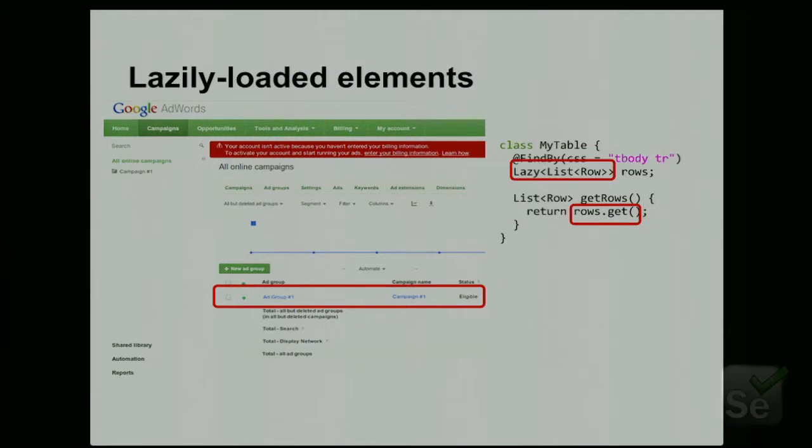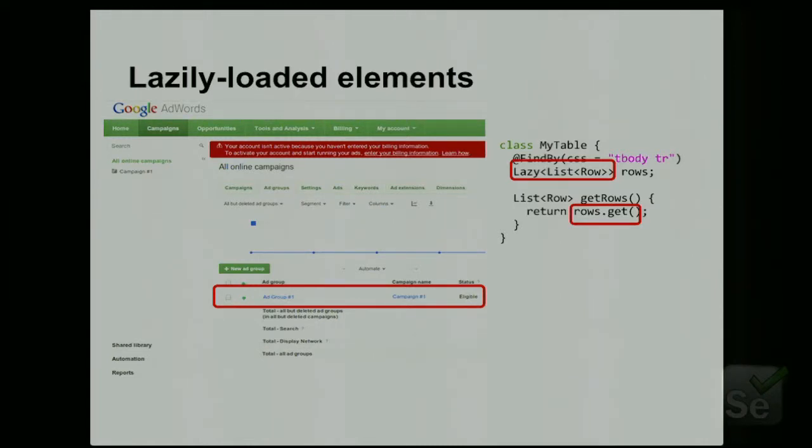And so you can define a field as being lazy. That gives you the ability to handle the problem: what if you have elements that might not be in the page? Lazy elements don't block, so it won't load the lazy elements at the time of page creation. It waits until you call get on that interface. The lazy interface just has one method, get.